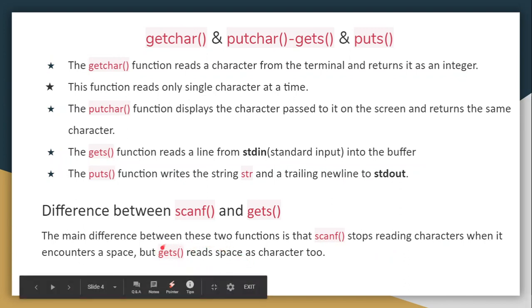That means it can get only one string at a time, but scanf can scan more values, a mix of values, in a scan function.